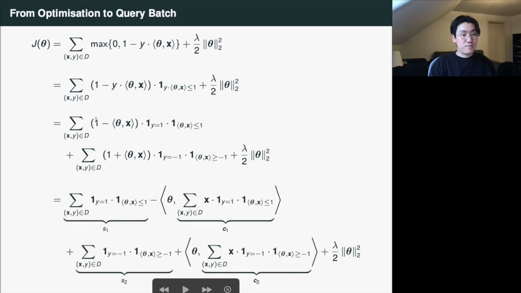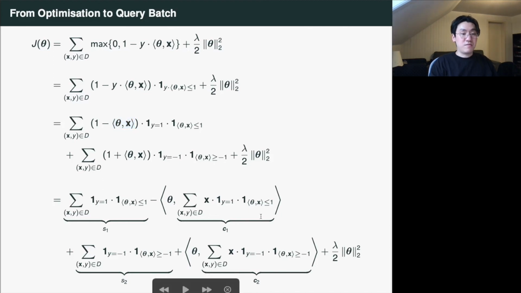The next step, we open the brackets. By opening this bracket, we have first 1 times the two conditions, which is the first term here. Then we have the dot product of theta and x times the two conditions. We can push the sum and the conditions into the dot product since theta is independent from the data.